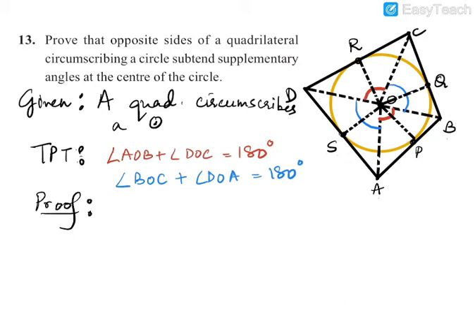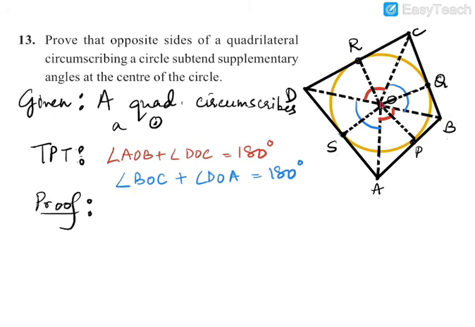Generally, in this question, students end up drawing the figure incorrectly by drawing DB and AC as diagonals. So keep this in mind, that diagonal AC and DB will not pass through the center, and therefore AOC and DOB are not diagonals.